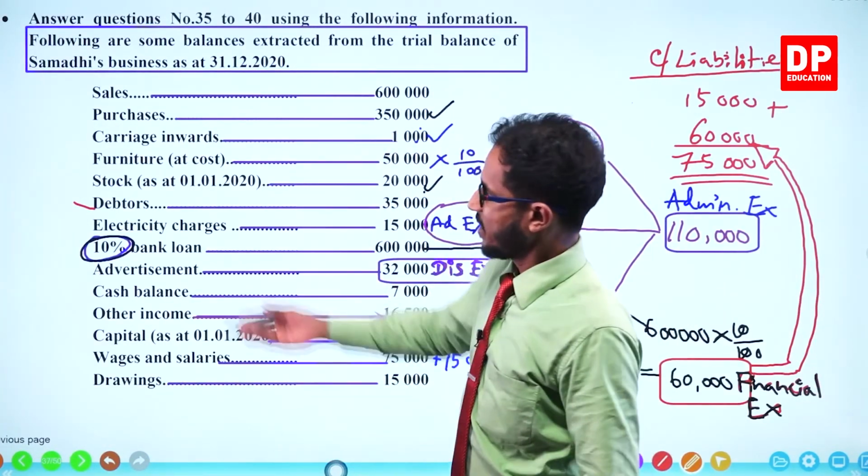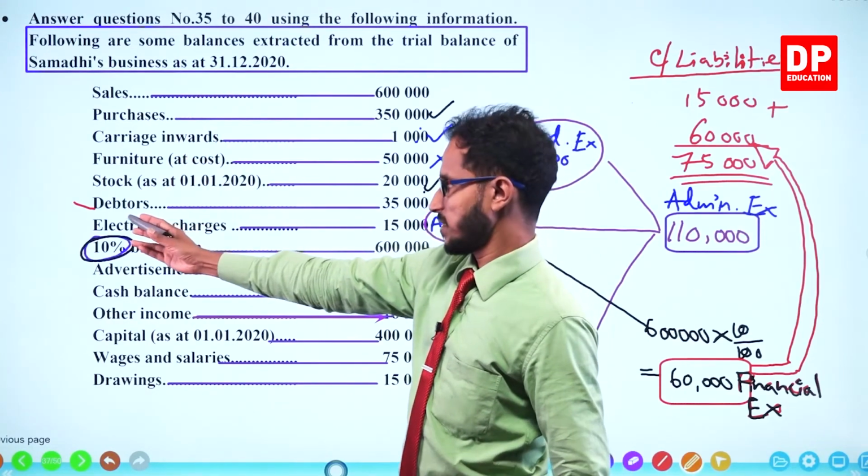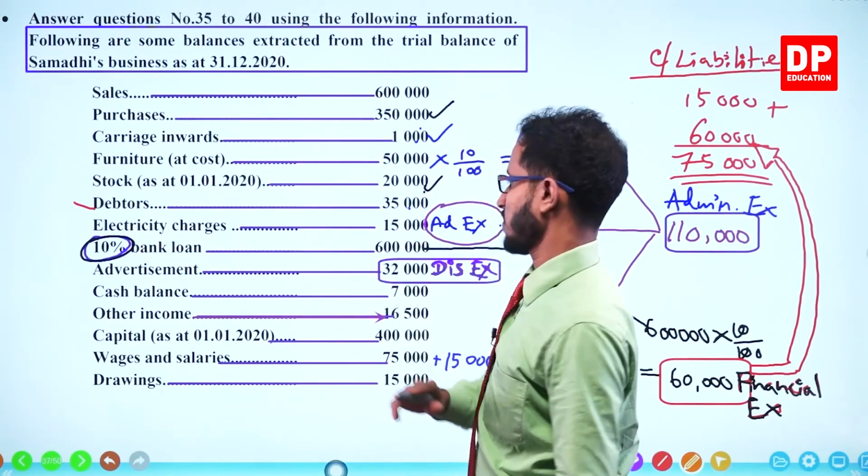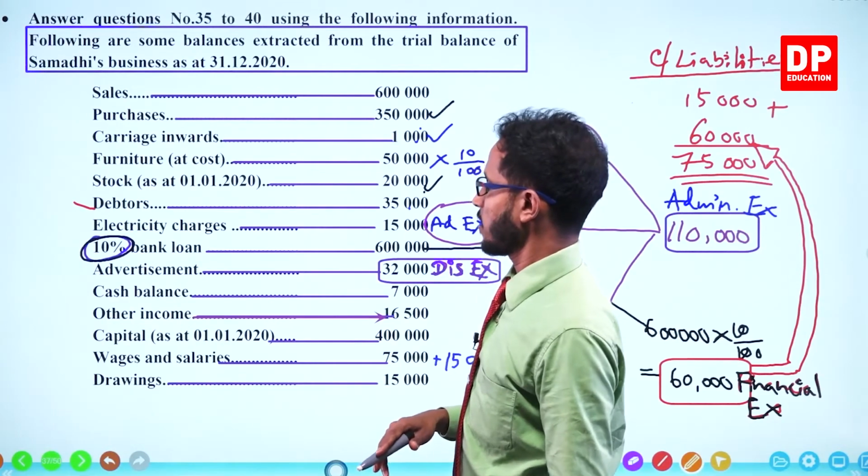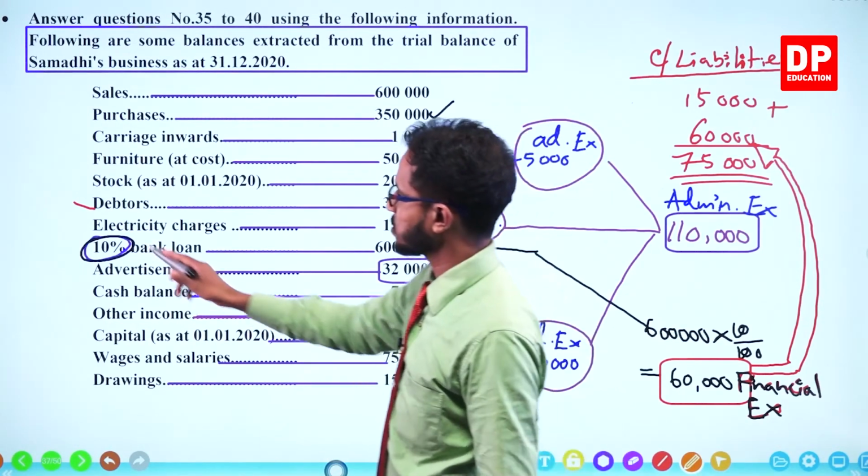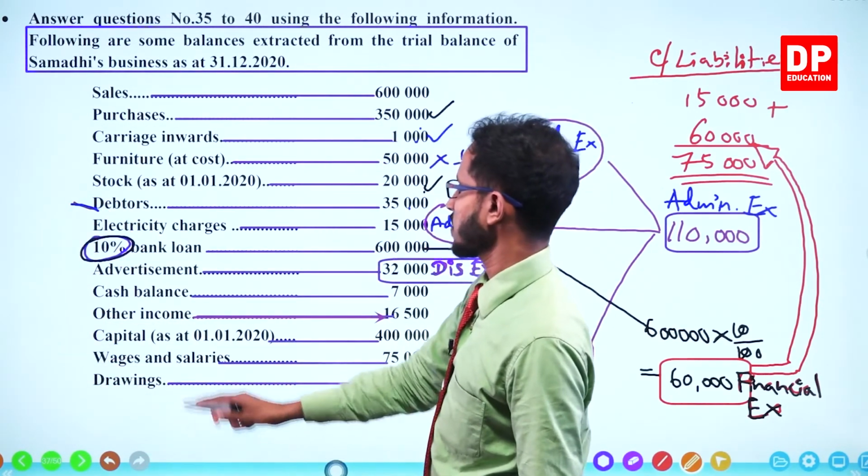What else do we have here? Debtors, 35,000. Yeah, that's it. And cash. Debtors, cash.